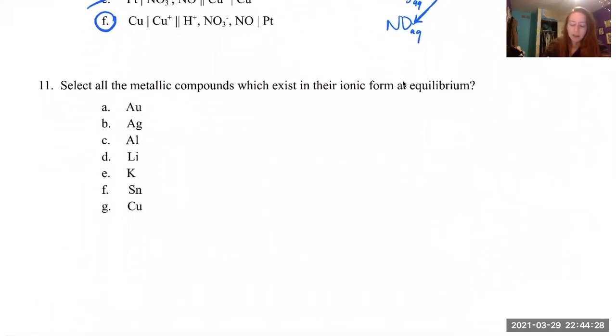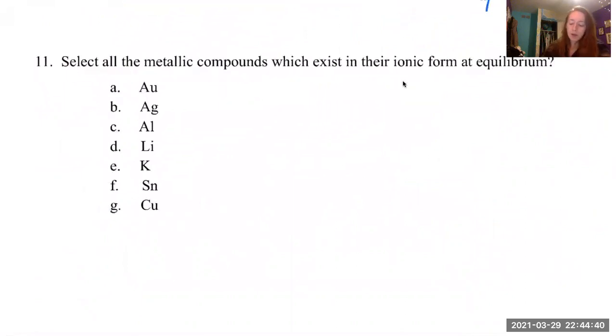For 11, this question is just asking, when are metallic compounds in their ionic form? This might seem like a tricky question, but it's super simple. You can also reference my review session.